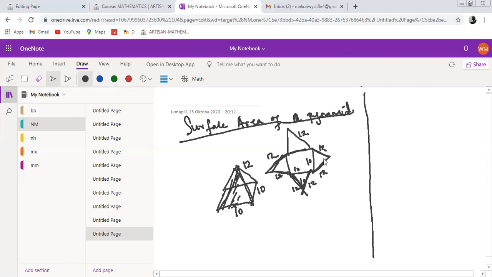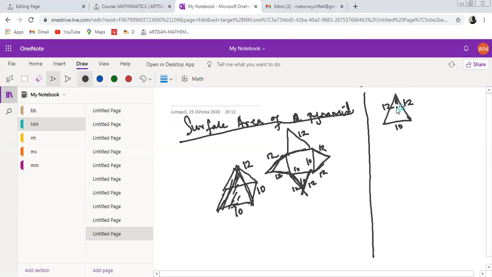you can get the surface area of this by getting the area of one triangle. If, for example, I have one triangle like that, this is 10, this is 12, and this is 12. Am I not able to get the area of this particular triangle?